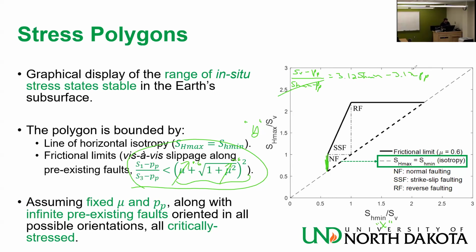Then we divided both sides by SV. When we divided both sides by SV, it made this 1, it made this constant, it made this the x-axis, and it made this constant. So you have something like x is equal to 0.62, roughly speaking.